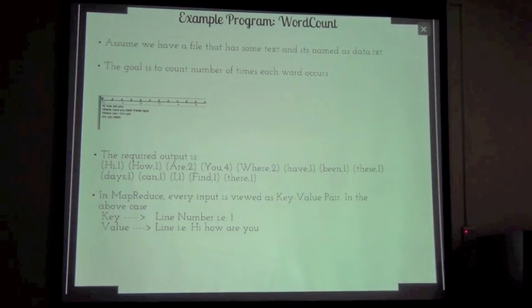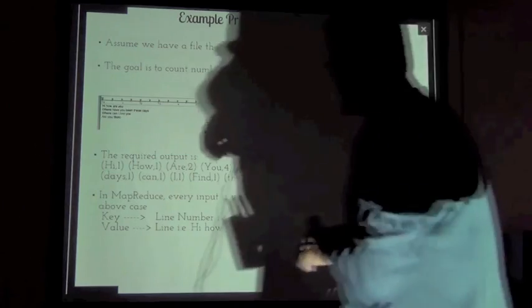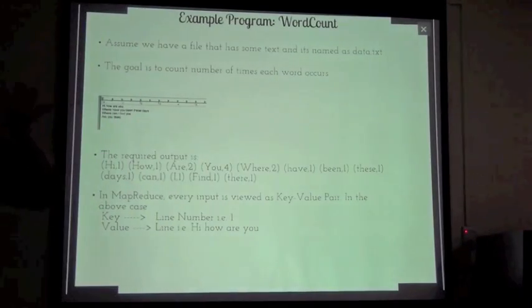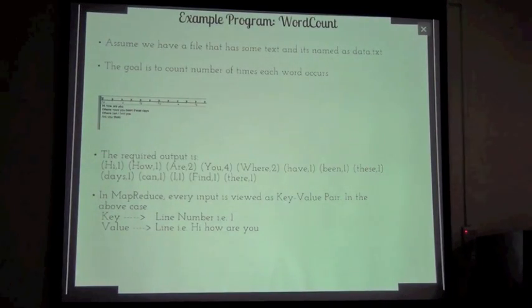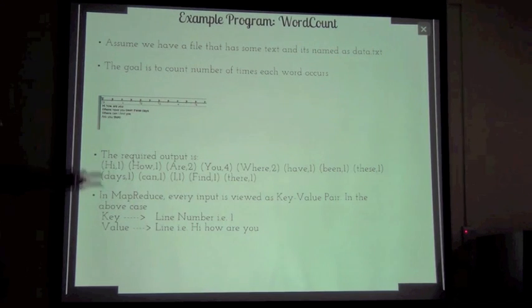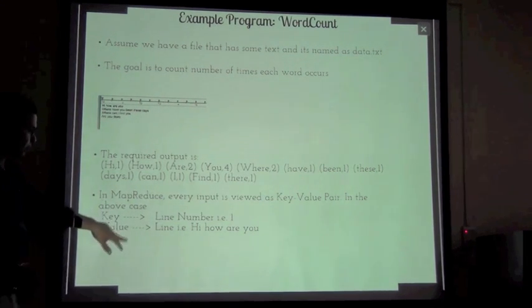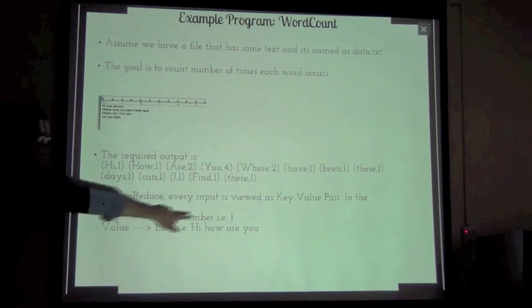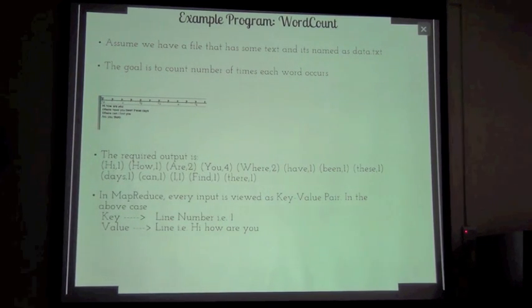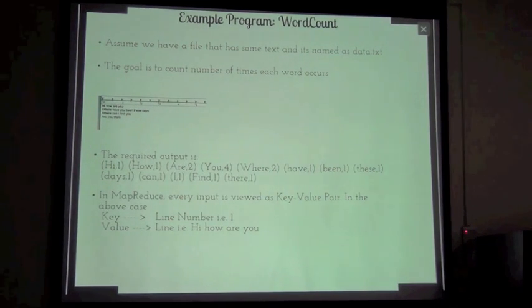It's a slightly different way of visualizing programs, but it can only take data and output data in key and value pairs. If something sounds confusing, it will get clear as we move on. So in this case, the key is 1 and the value is the whole line, hi, how are you? Clear?